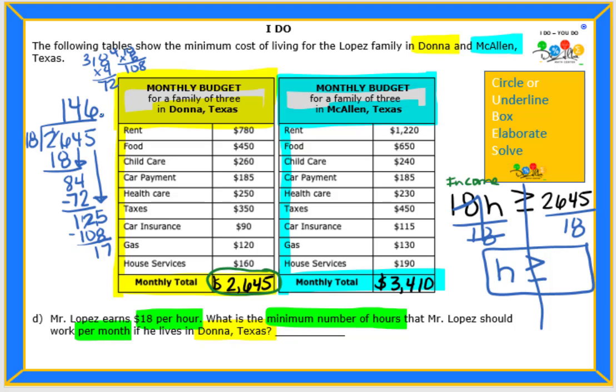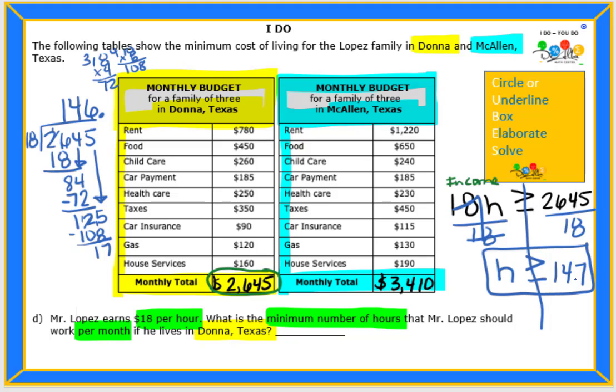So that's going to be point something. So we just need a number of hours. So we don't want to get into the decimal part, but we do know that it would be a little bit more than 146. So we're going to say that it needs to be greater than or equal to 147. I'm going to go to the next whole number.